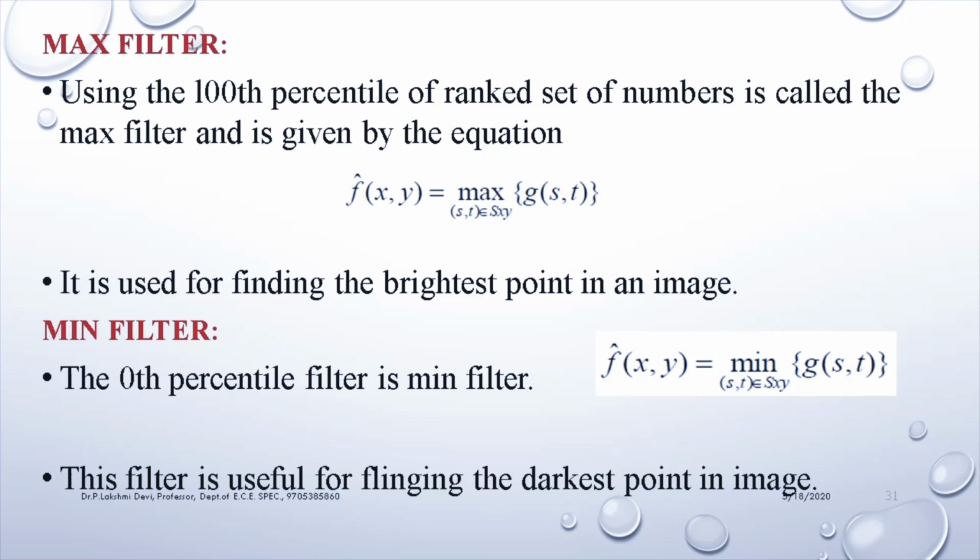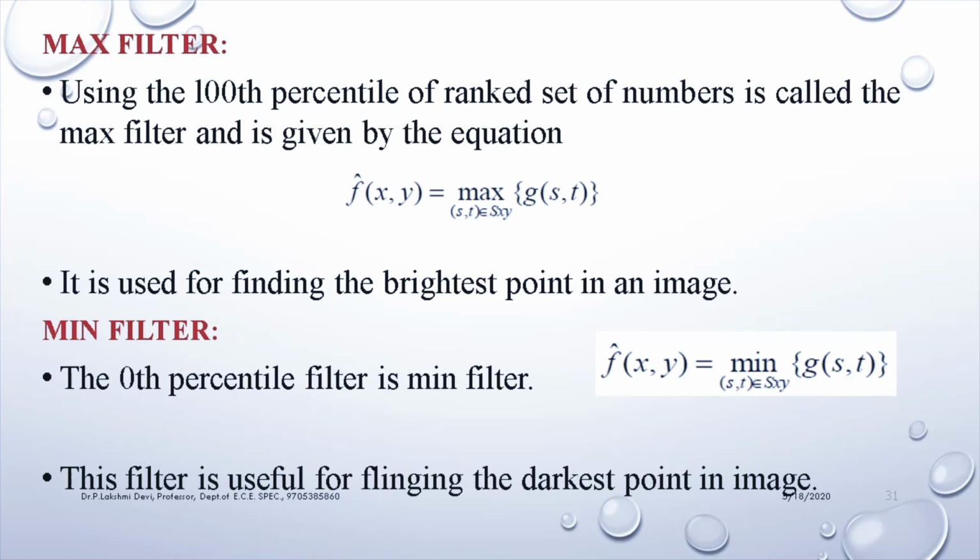While coming to the min filter, the 0th percentile filter is the min filter. It means you have already arranged the 9 gray levels of the sub image in order. If you replace the center pixel with the maximum value, that is the max filter. If you replace it with the minimum value, we call it the min filter.